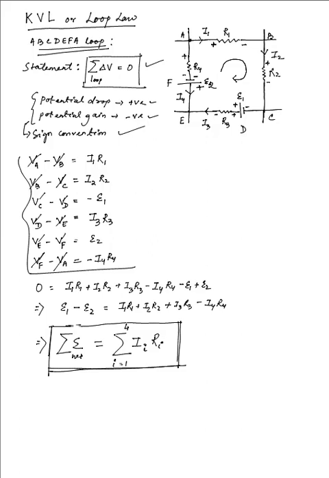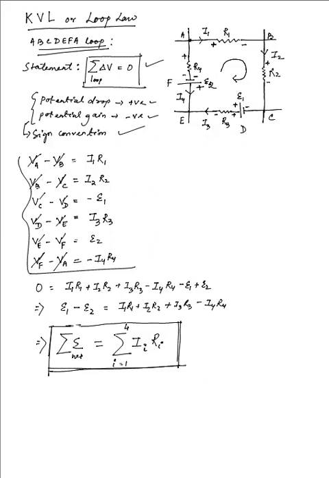So the sign conventions, if you take one of them as positive, the other one will be negative for sure, but the sign convention that I have used in this case is more suitable, as far as I see it, because whenever the current lies in the sense in which you consider the loop, the current multiplied with the resistance is positive.